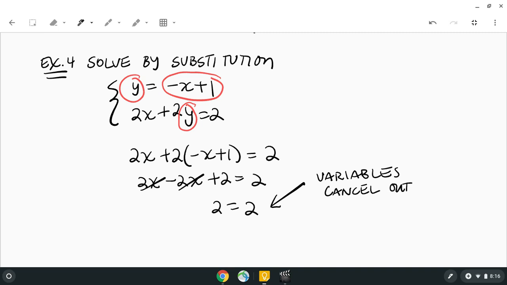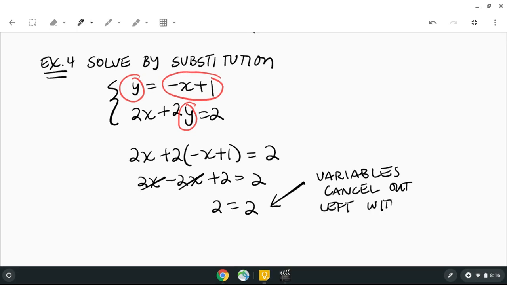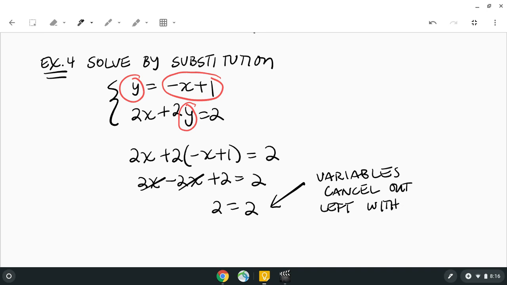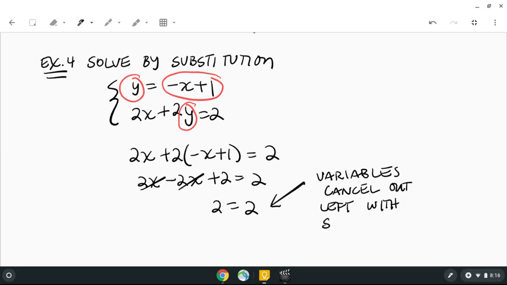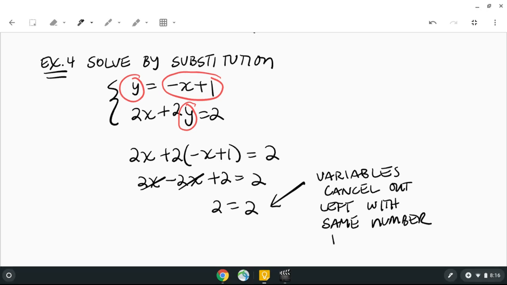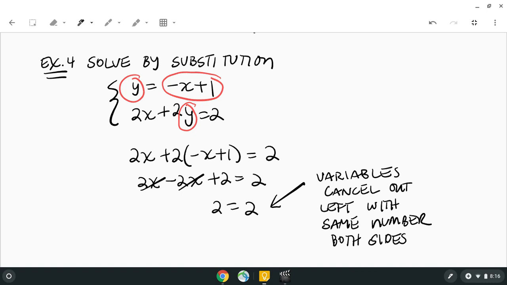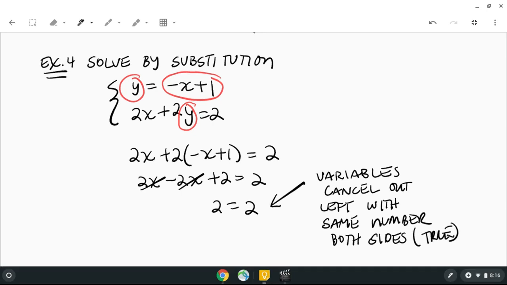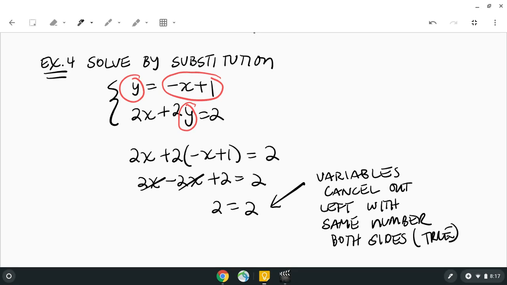So your variables cancel out, and you're left with the same number on both sides, in other words, a true statement. 2 equals 2, that's true. When that happens, this is the case where you have infinitely many solutions. So once your variables cancel out, you can stop because you either have infinitely many solutions, like this case, and that's all you do is write it.